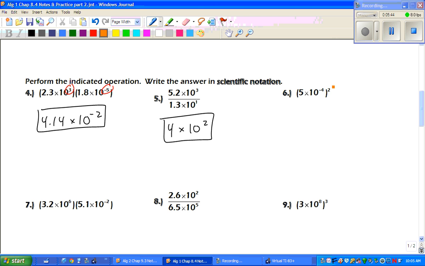All right, remember in 6 we have to distribute. So 5 squared is 25 times 10 to the negative 8th. Okay, and we need to go from big to small, so we need to add an exponent.